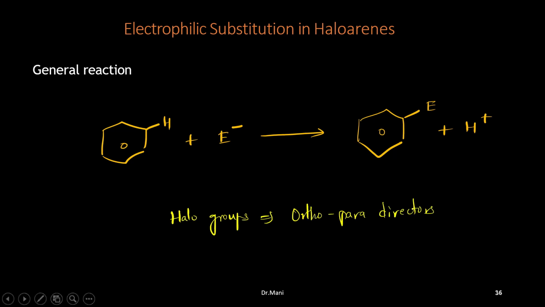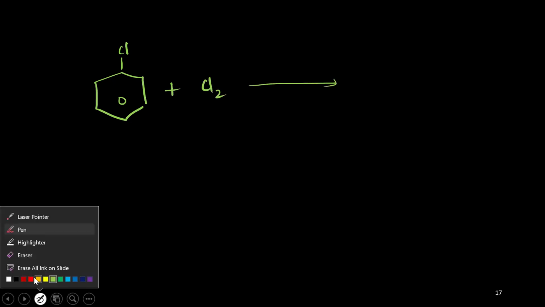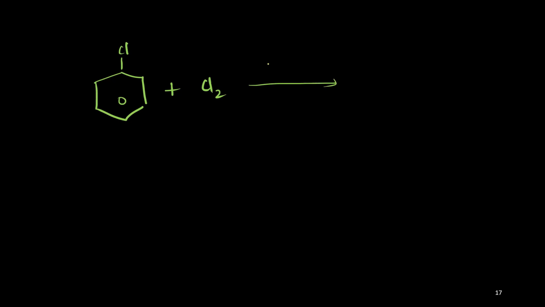So what does this mean? Ortho para directors means, first, suppose let me take a reaction. You take a benzene ring which has chlorine and react with an electrophile, that's also another chlorine, in the presence of anhydrous FeCl3. So this will form two different compounds.